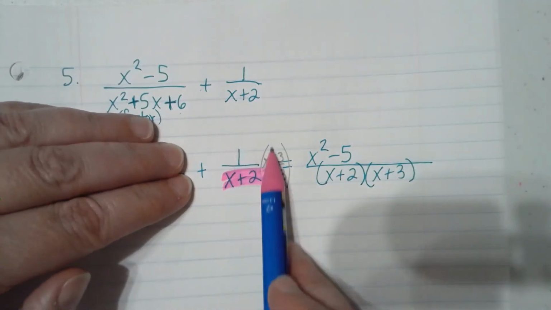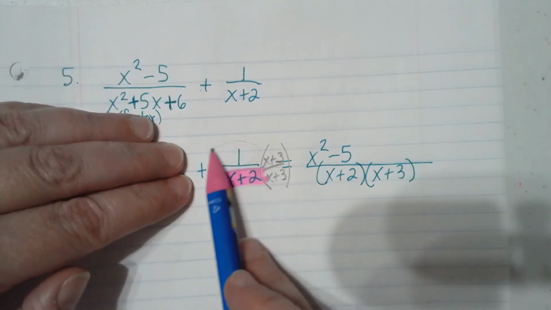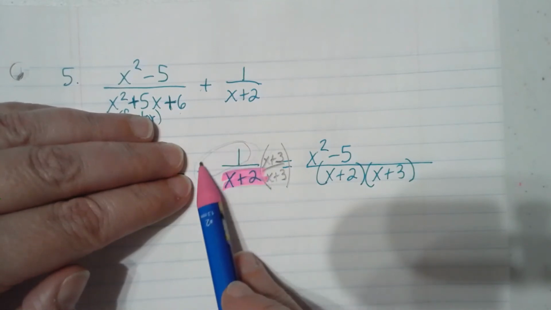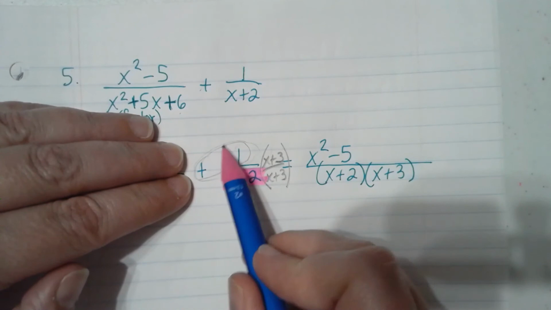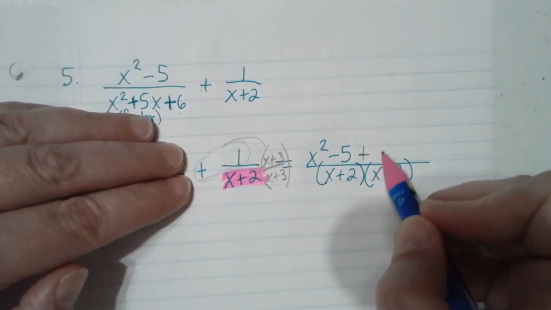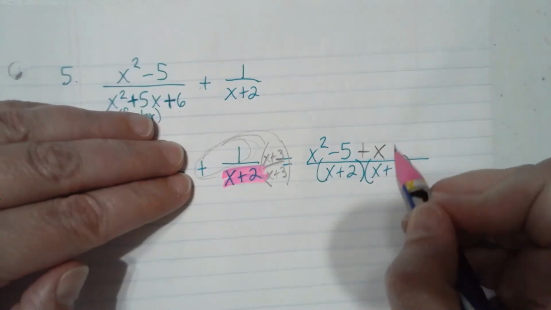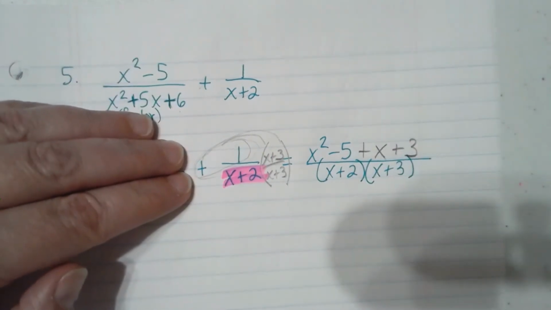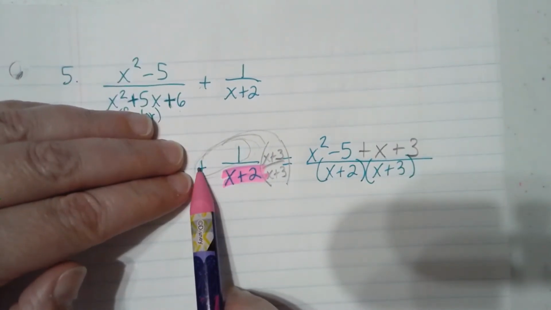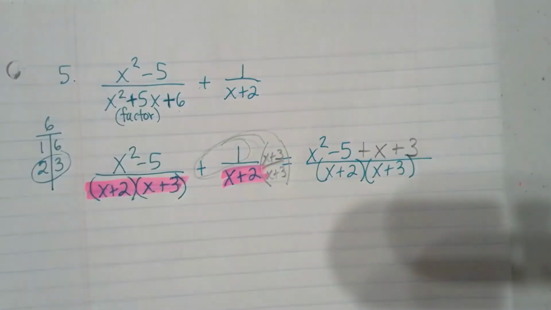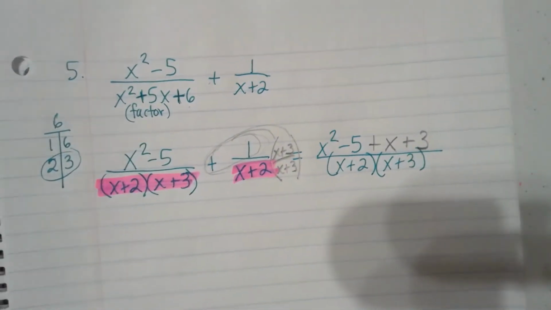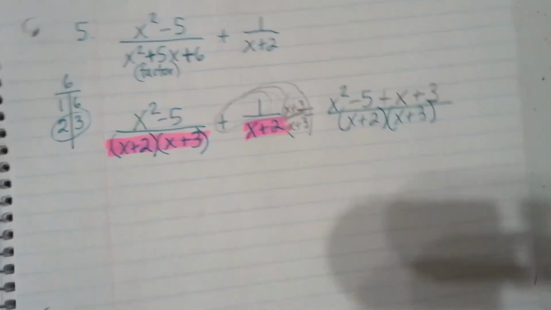And we're going to distribute. Now remember, this is a positive 1, and we're going to distribute it. So positive 1 times x makes positive 1x, and positive 1 times 3 makes positive 3. If this was a minus sign, you've got to be really, really careful. I don't have any of those yet today. I'll have some for you next time.